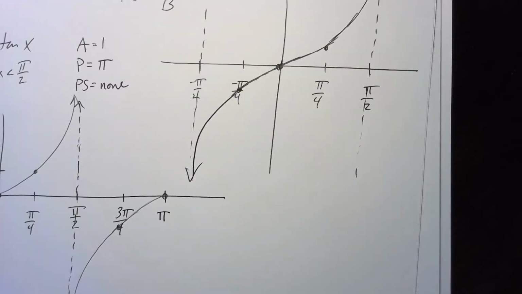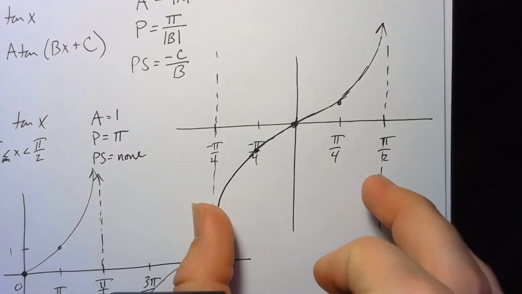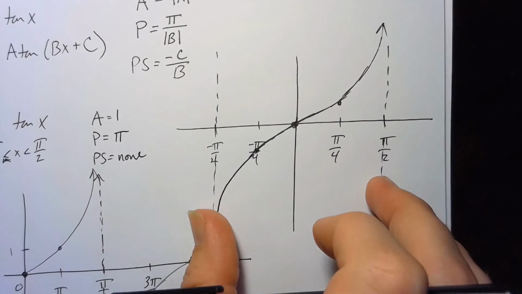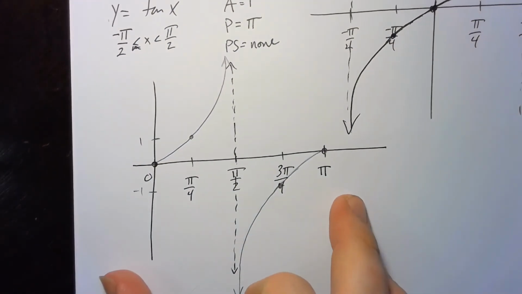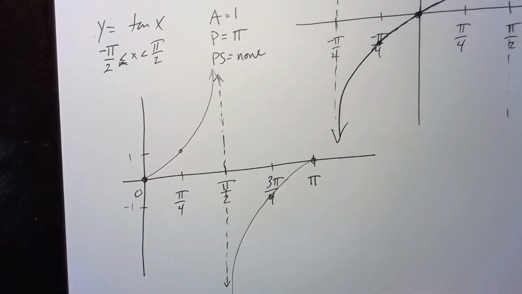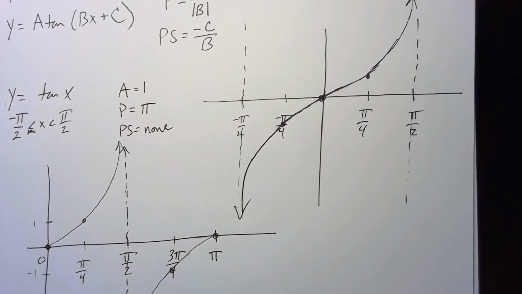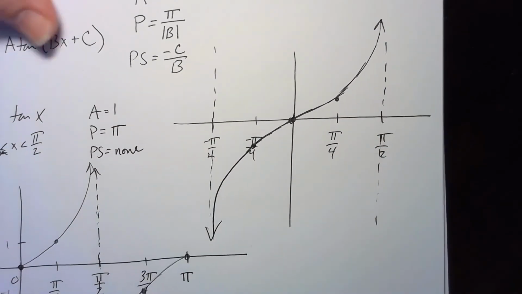And that is what one complete continuous curve of the tangent function is supposed to look like. Again, this is an acceptable graph if it asks what is one period of the tangent function, but if it specifically adds the continuous part, we have to deal with this.